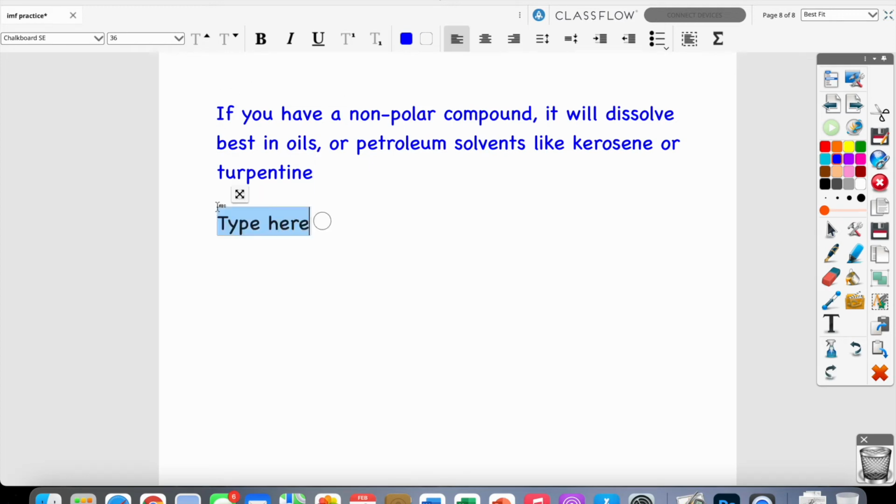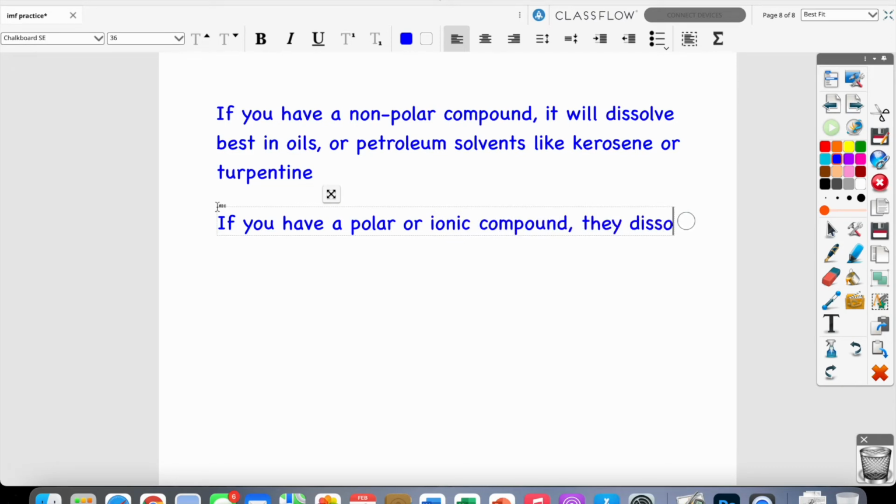If you have a polar or ionic compound, they dissolve best in polar solvents. And by polar solvents, we usually mean water. But there are other polar solvents.